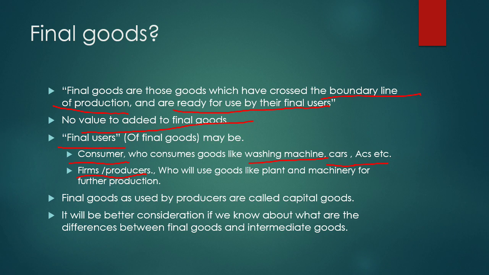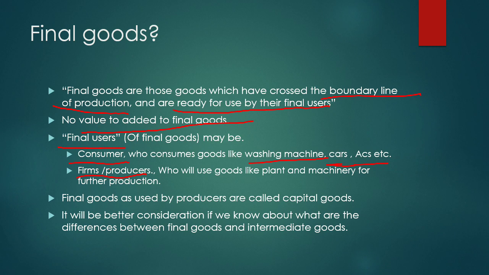Remember this thing, one good can be a final good for one person, and the same good can be an intermediate good for another person. If we talk about a car dealer, the car is an intermediate good because he is not buying that car for self consumption, he is buying the car for further sale. The same car can be a final good for a person buying it for self use.